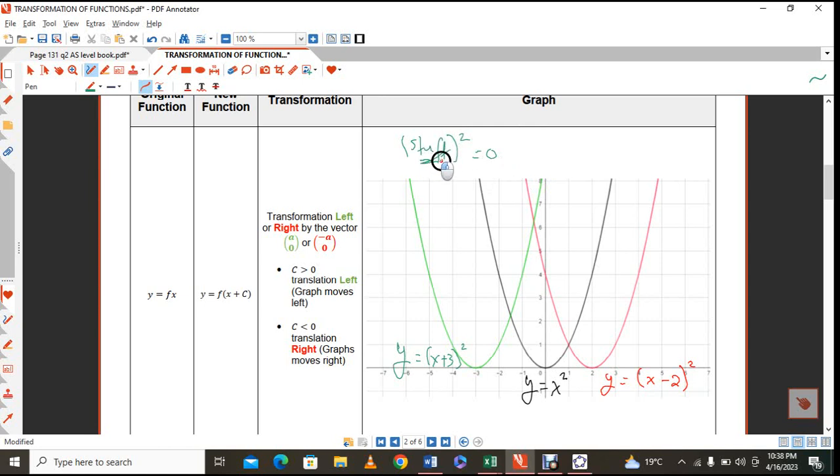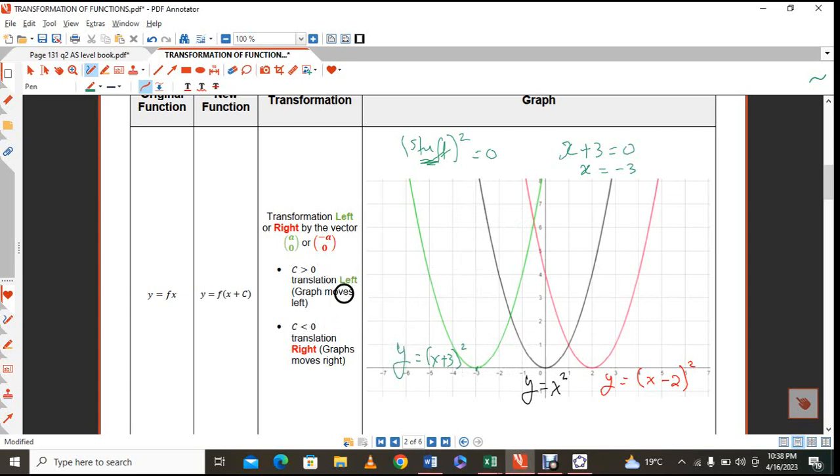Let's consider the stuff, in this case x plus 3. If I let x plus 3 equal 0, then x equals negative 3. That is where this graph is going to be translated to, and it will be the line of symmetry of that particular graph. That is one of the things you should do.